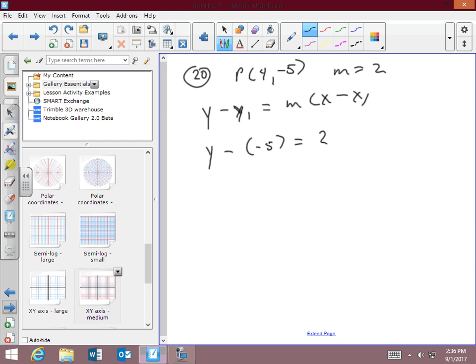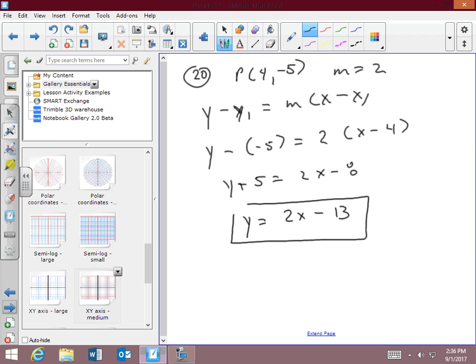Then it's 2, and then x minus 4, right? Y plus 5 equals 2, and distribute this, 2x minus 8, and y equals, moving the 5 over, so y equals 2x minus 13 should be the answer there.